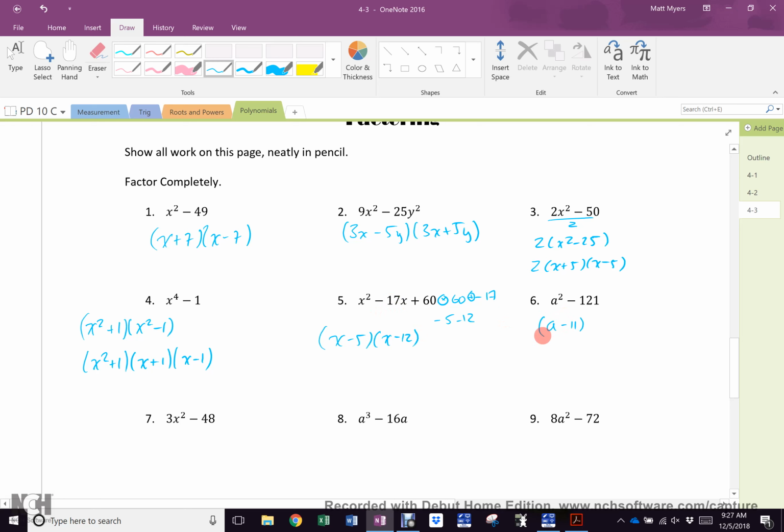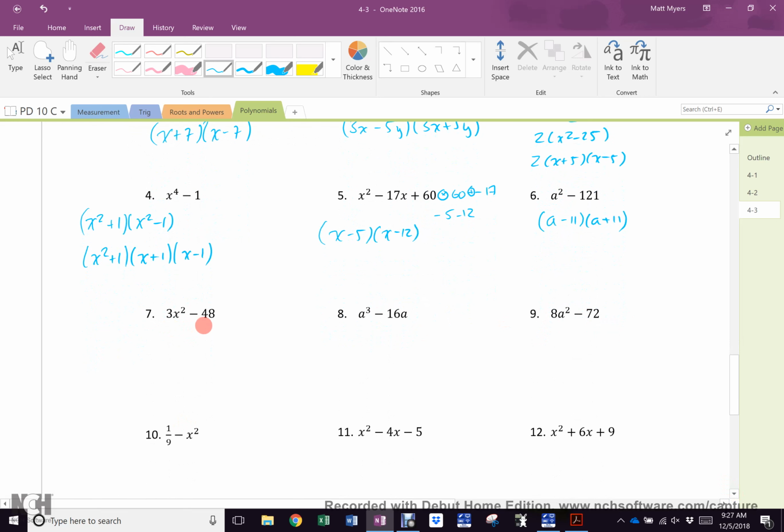a minus 11, a plus 11. 7. What do you got to do first? GCF, the type of factoring you're supposed to do every time you can. 3. x squared minus 16, 3. x plus 4, x minus 4.